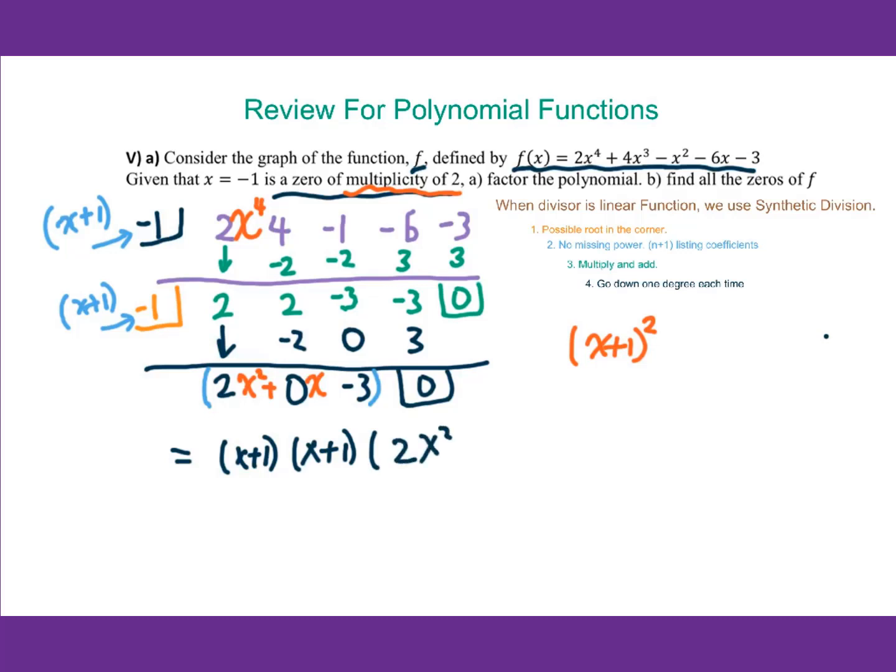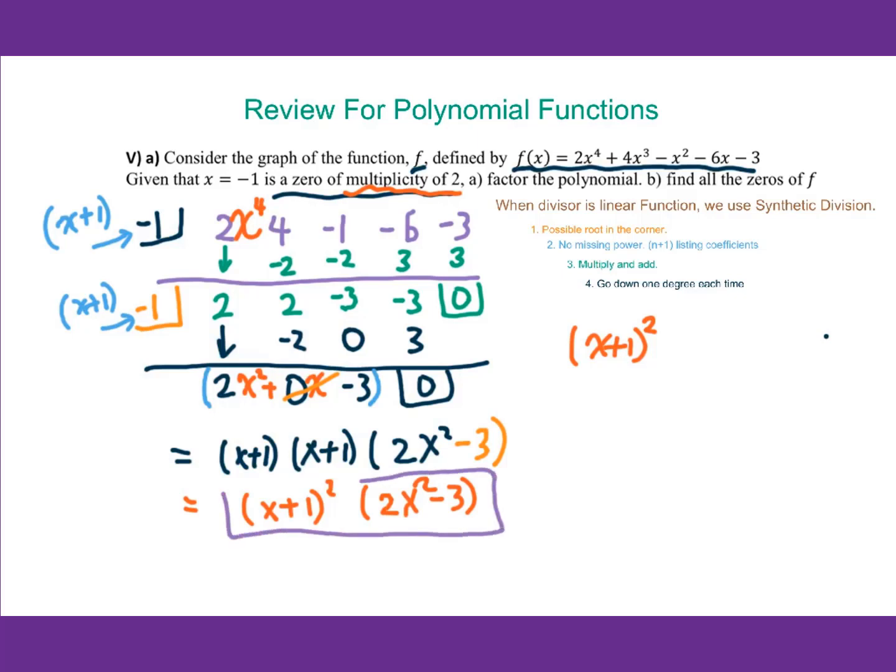This is 0x, do not write it down. That's -3. Since 2x squared minus 3, we cannot factor anymore. So we can put x plus 1 squared, then 2x squared minus 3. This will be the answer for factoring this polynomial.